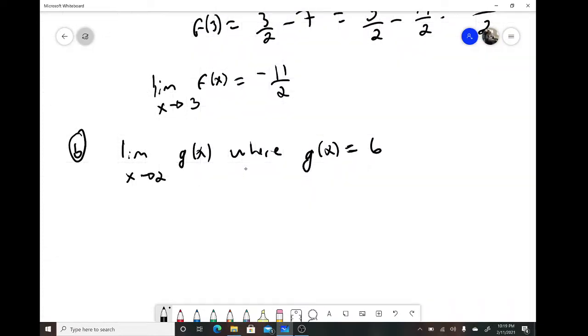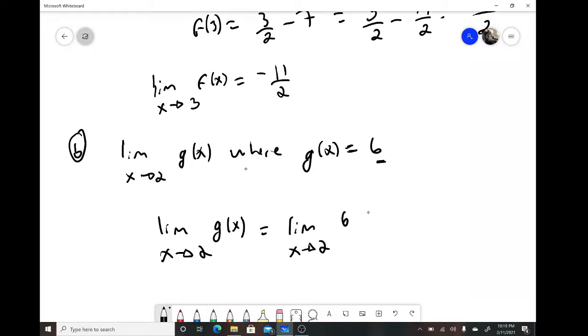Okay, so what do we have here? So we have the limit as x goes to 2 of g of x. Well, what is g of x? g of x is 6. So what we have here is the limit as x goes to 2 of 6.